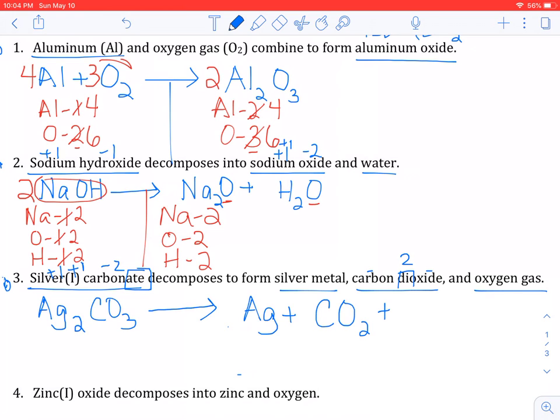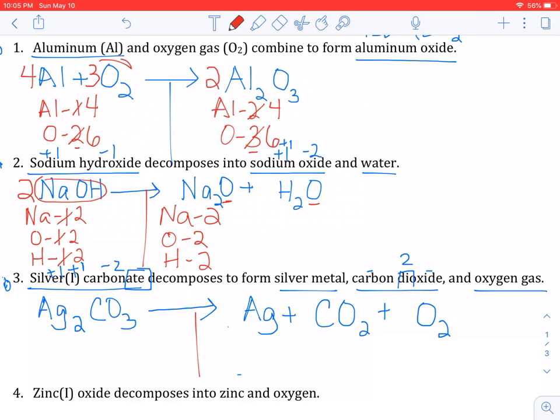And then finally, our third compound is oxygen gas, which is a nonmetal, and it's one of those that forms this diatomic molecule of oxygen, O2. So oxygen gas, if oxygen is an element by itself, it's always O2. And the same with those other ones from the list, from the slideshow from the other day. So now I'm ready to balance.